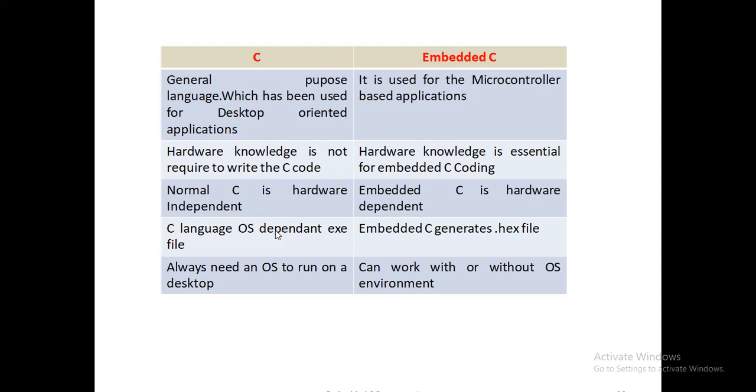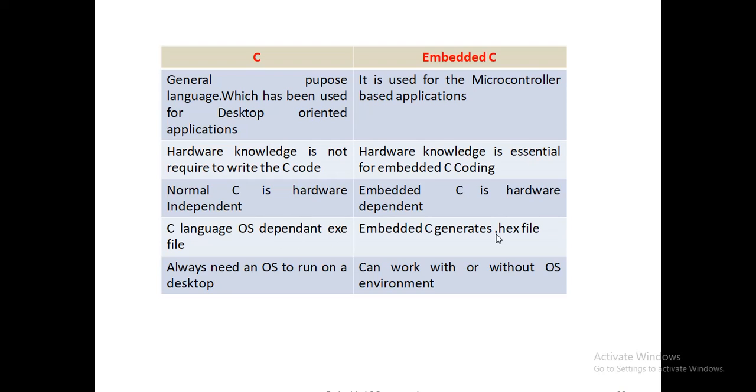C language produces an OS dependent .exe file. As at the start of this lecture, I downloaded the Keil file with .exe. That file has to be executed in an OS dependent way. But in case of embedded C, it will generate only the .hex file. If you want to run it as C language, it must be an .exe file.